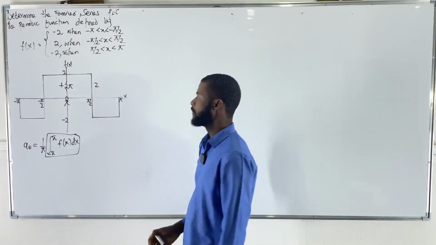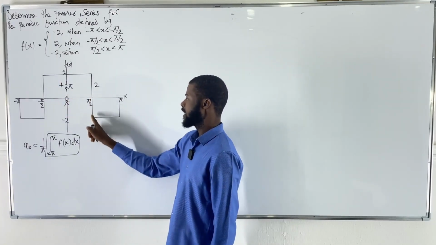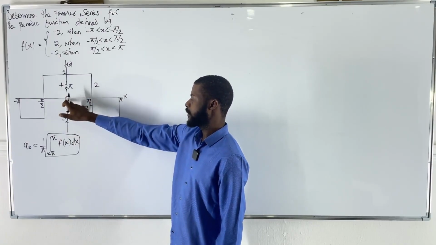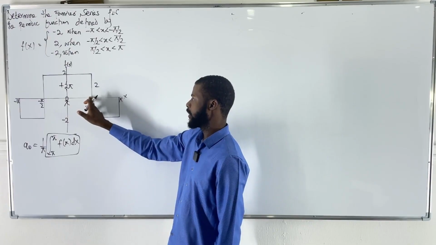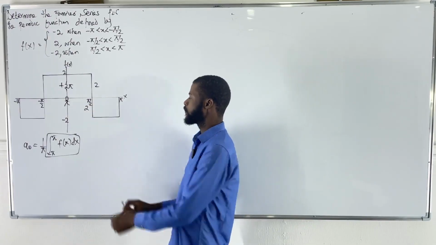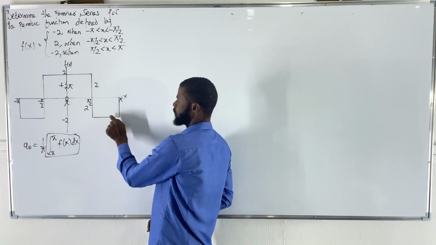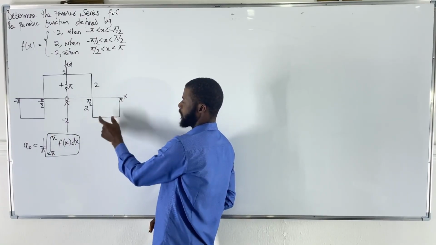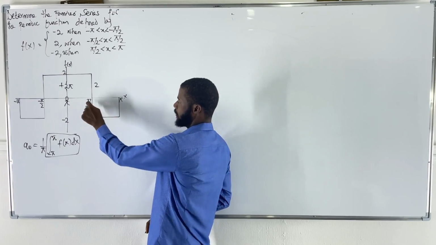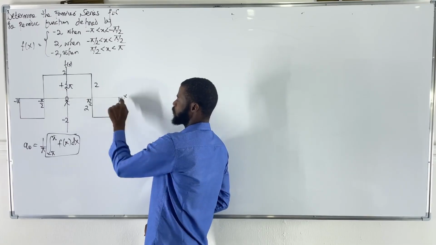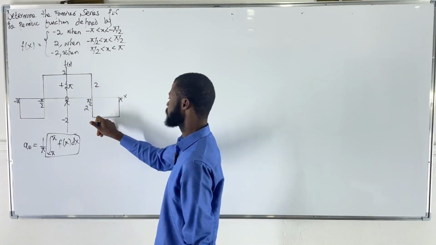Now let's go to the bottom. At the bottom again, the height from this point down to this point is 2, because we have this as -2. Now how about this point to this point? This is pi over 2 down to pi, so the distance from pi over 2 to pi is pi over 2.